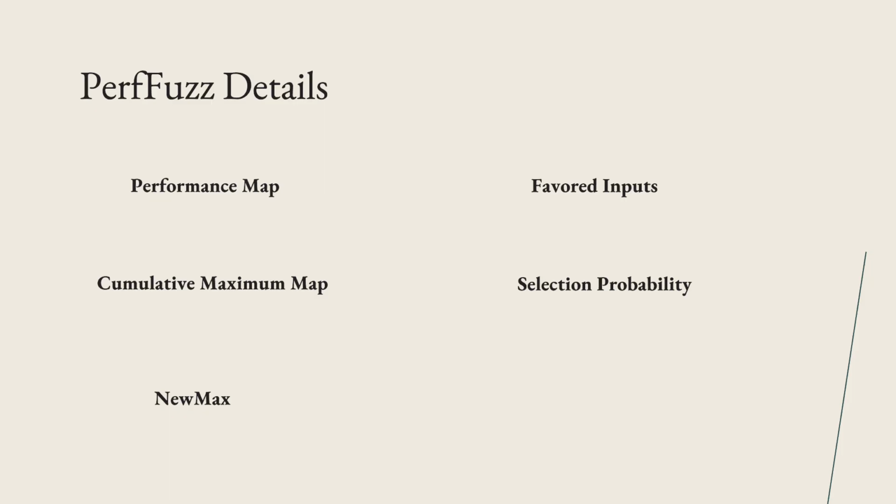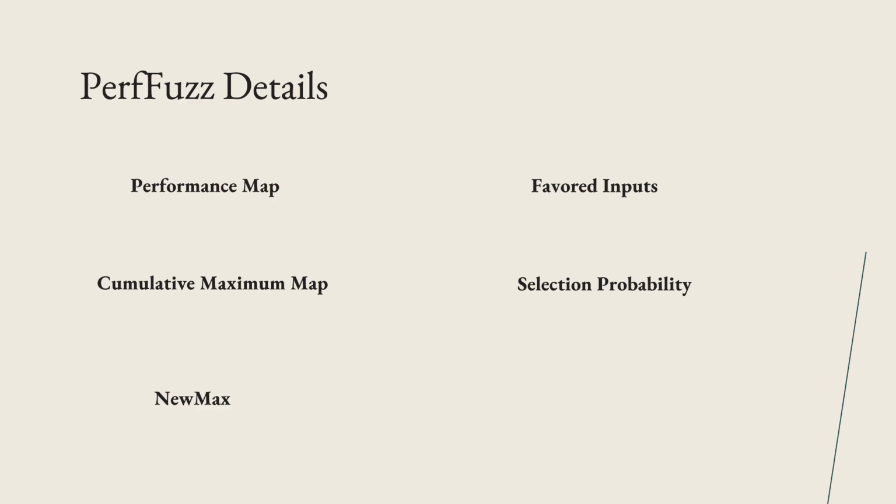So now more details. These are just some of the key concepts. The performance map tracks the execution counts for each CFG edge, so that's the main component. Then the cumulative maximum map stores the highest execution counts seen so far in the program.